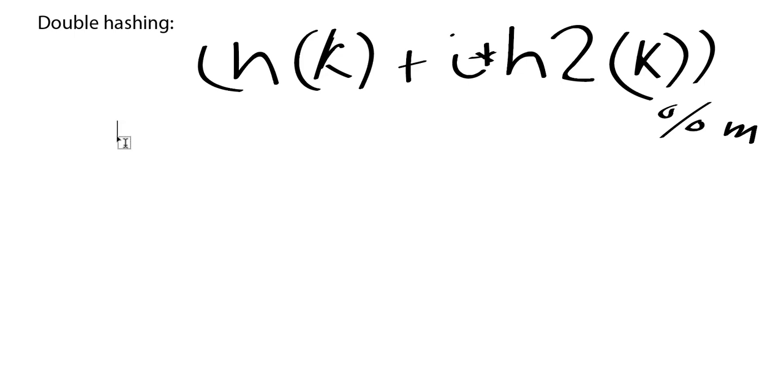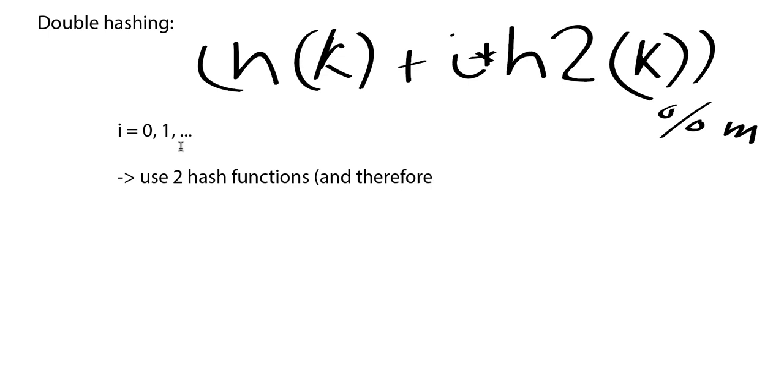Once again, we have i equals 0, 1, and so on. And in this case, we use two hash functions, and therefore two sources of randomness.